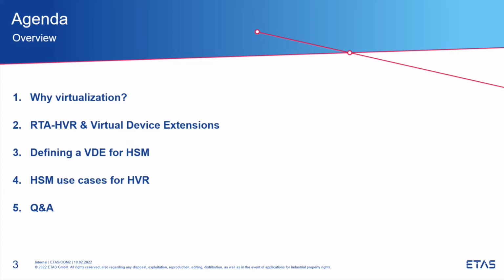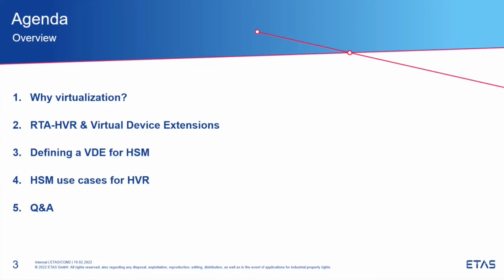Then we move on to some basics about the RTA hypervisor and the virtual device extensions. Andrew will give an overview about this. Then we understand how we can define a VDE for an HSM. Then we look at some use cases which are relevant for the HSM using a hypervisor-based system. And finally, we end with a Q&A session.